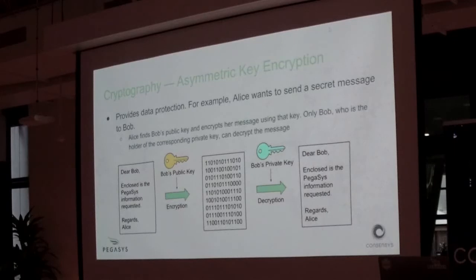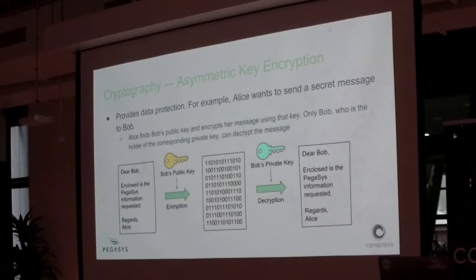Here's an example which Peter will know very, very well, because I've stolen it from Peter. For data protection, for example, we have Alice who wants to send a message to Bob. She wants it a secret. She doesn't want anyone else to know. So Alice goes out and finds Bob's public key.